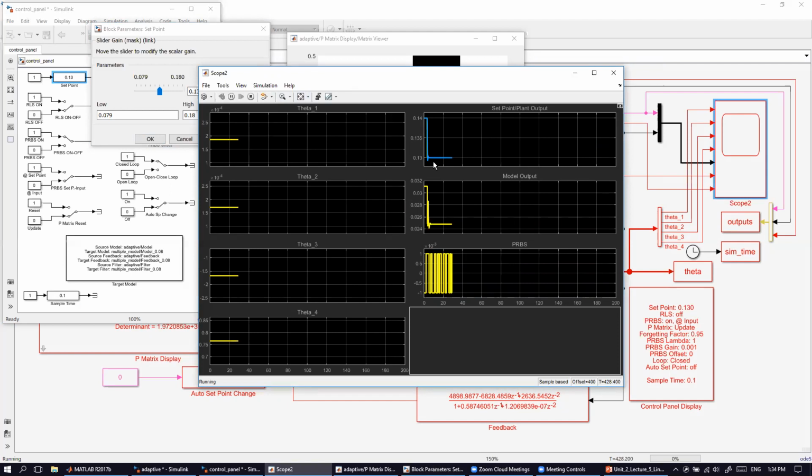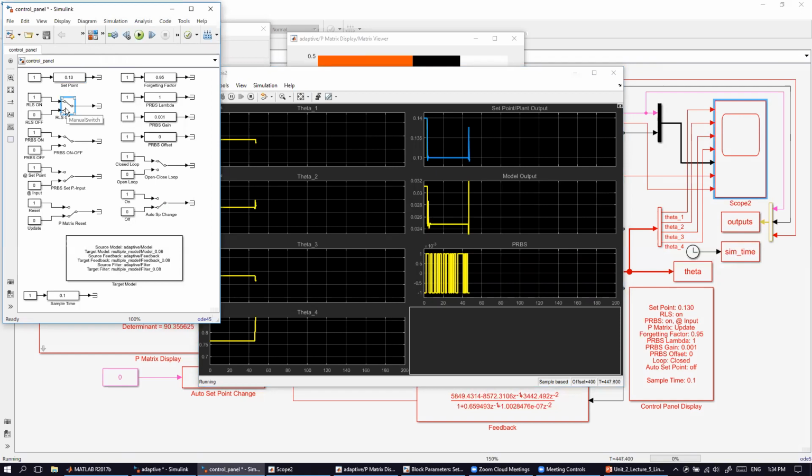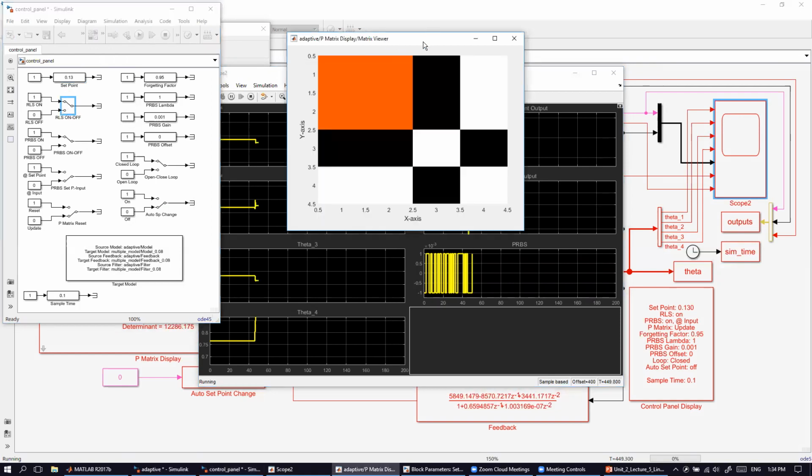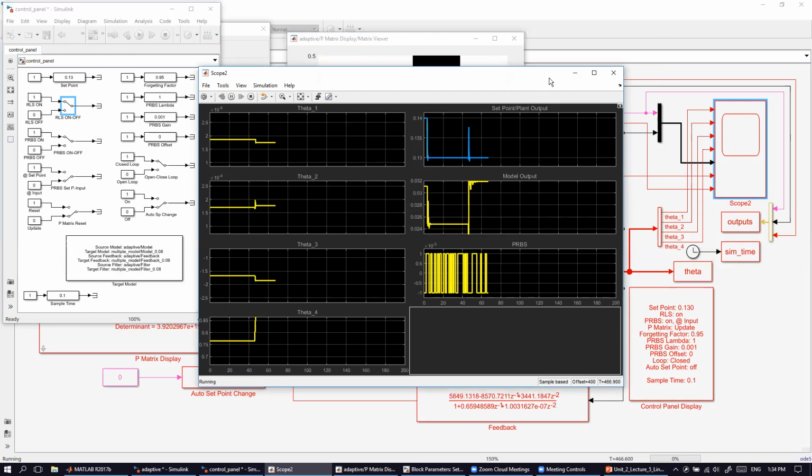And what I'm going to do now is turn the recursive adaptation on again, so the controller is going to get self-tuned again at this operating point. You see, now the P matrix got different, and when this square is going to go back to white, that means it's diagonal again, which means we now have new model parameters estimated, and hence new controller parameters.